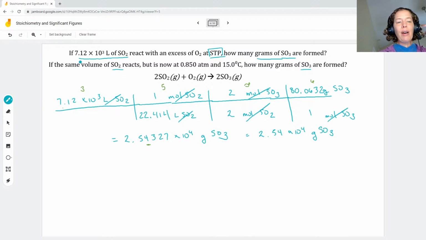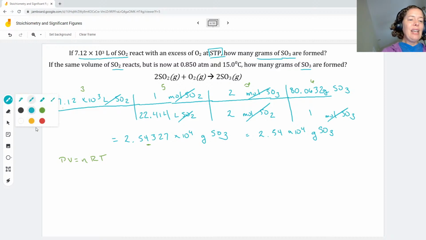So I have a volume because it's the same volume. I also have a pressure and I have a temperature. So hopefully you've got bells going off and you go, oh, it's ideal gas law. So remember ideal gas law, PV equals nRT. And this is how we're going to calculate moles for our sulfur dioxide because now it's no longer at STP.